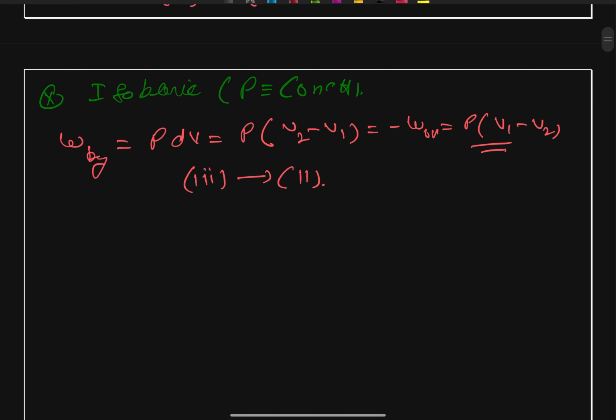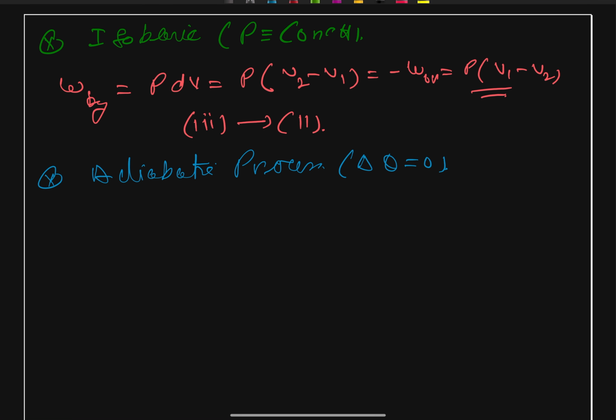So we come to our adiabatic process, and in adiabatic process we know that our delta Q is equal to 0.